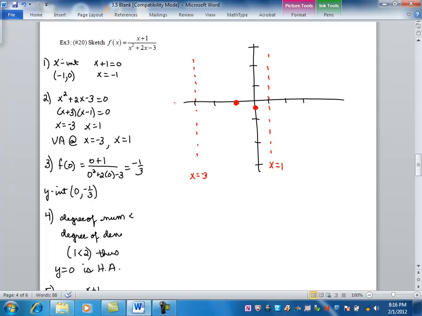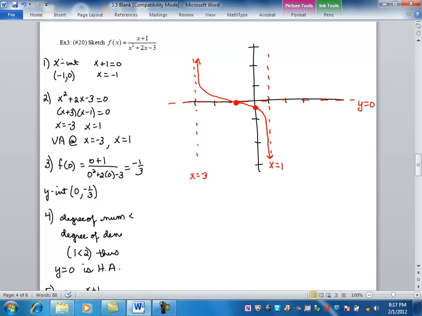We've got a horizontal asymptote at y equals 0. So let's put that in. And we know that we are crossing the horizontal asymptote right here. So folks, that's the only place we can cross. And we know that as we get close to a vertical asymptote, we either have to go to negative infinity or positive infinity. And so we know what the graph is going to look like in that region.